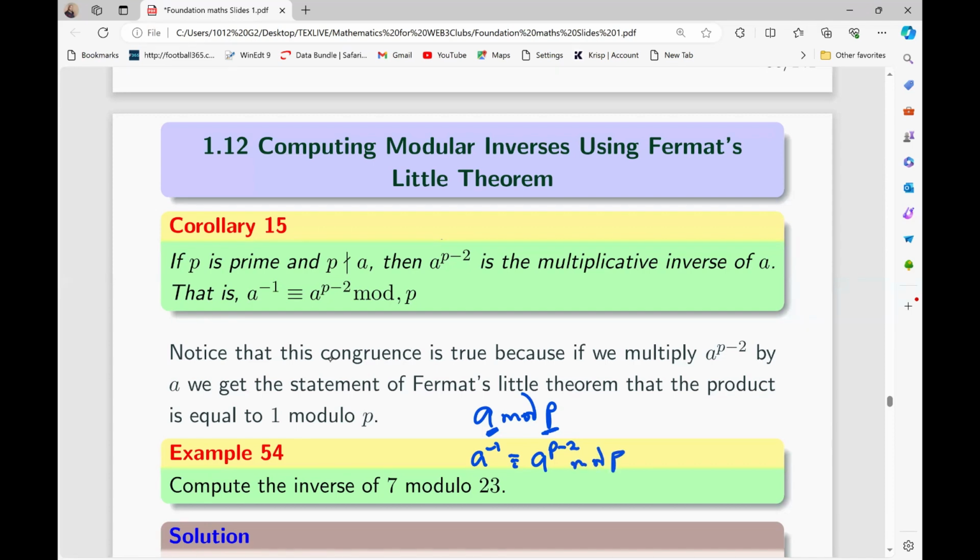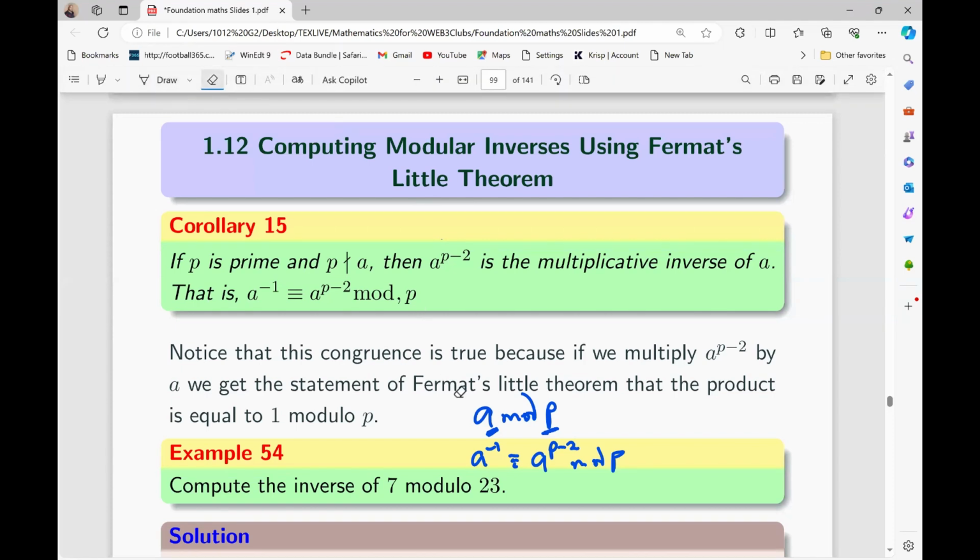So the inverse of a can be obtained, and how do we get it? We take a and raise it to p minus 2, then reduce it mod p. That is how we get inverses using Fermat's little theorem.